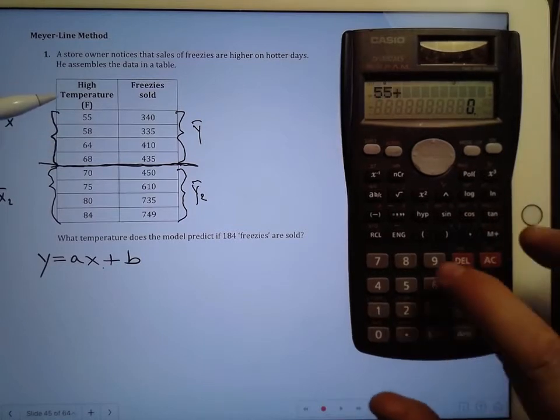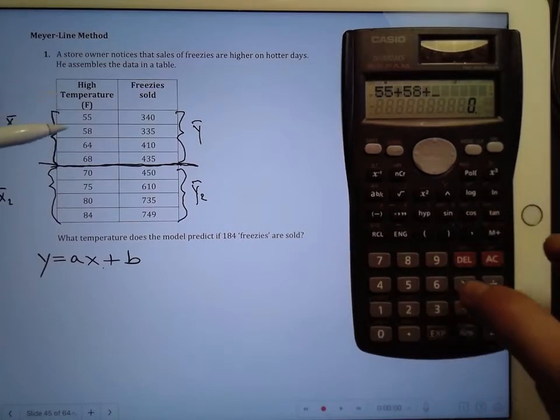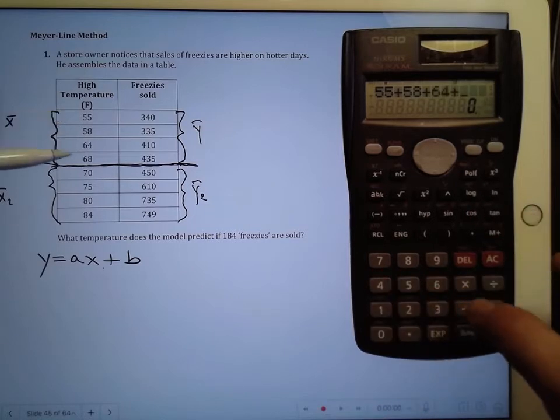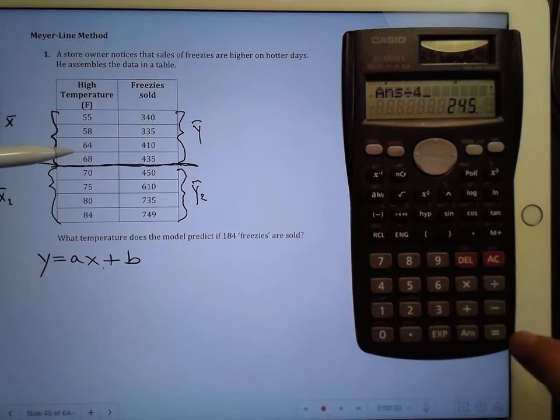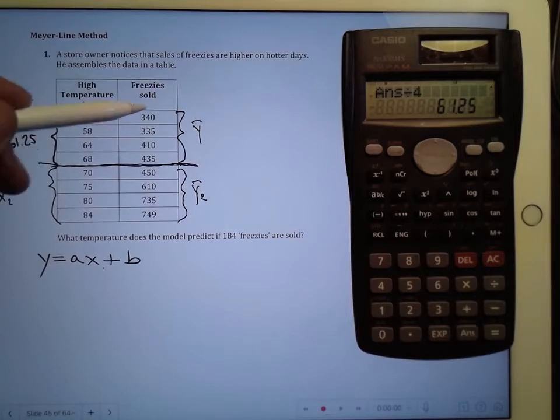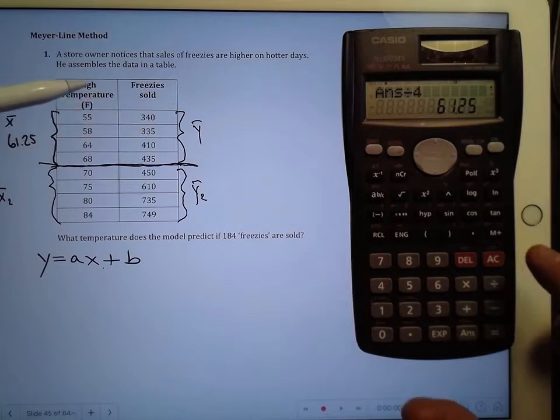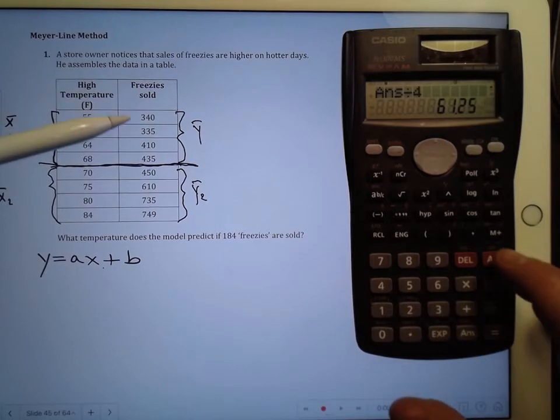55 plus 58 plus 64 plus 68 divided by 4, and that gives me 61.25 for the average x of the first 4 numbers in the distribution. And we'll go ahead and get the average y for those first 4 numbers in the distribution.